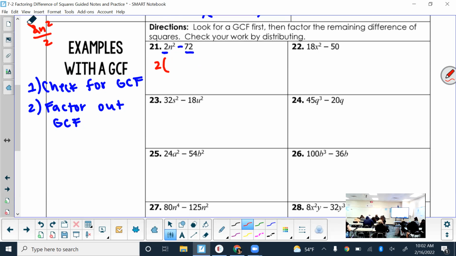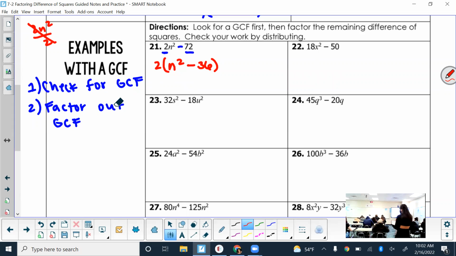So the 2's cancel out to 1, and then all I have is n squared. And then what's negative 72 divided by 2? Negative 36. Don't be afraid to use a calculator. But you divide out your GCF from both terms. That's how you get the parentheses.